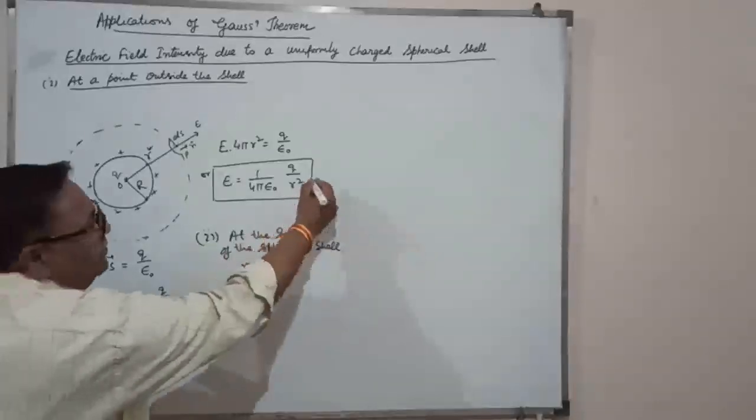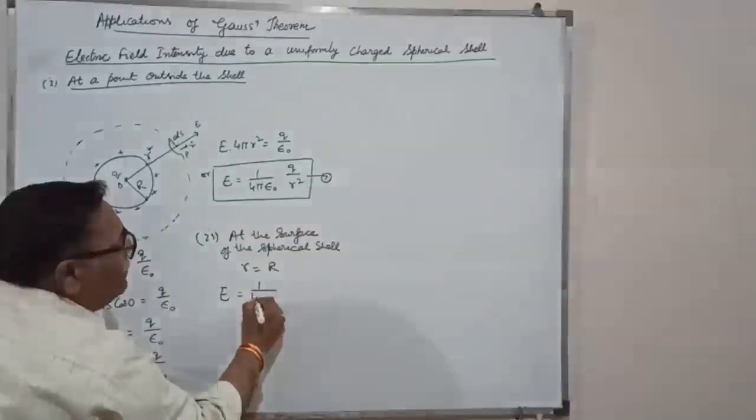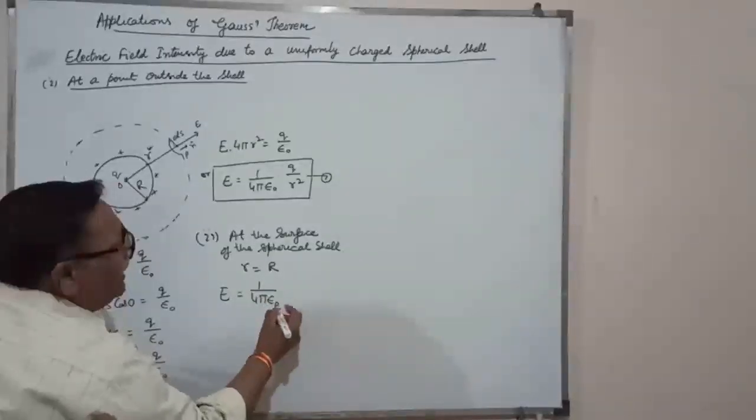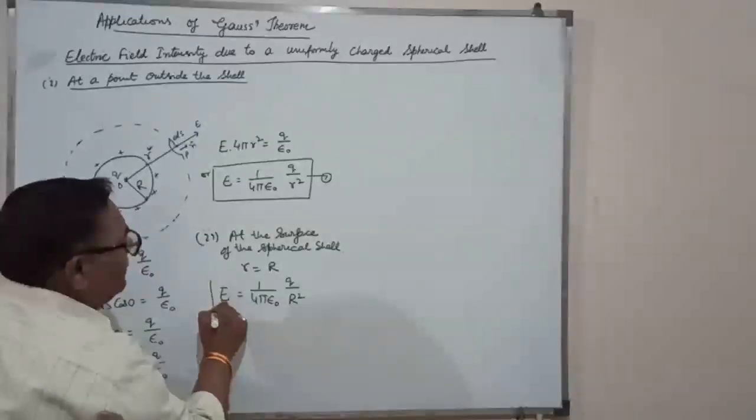Then from equation 1, E is equal to 1 upon 4 pi epsilon 0 Q upon R square. Clear?